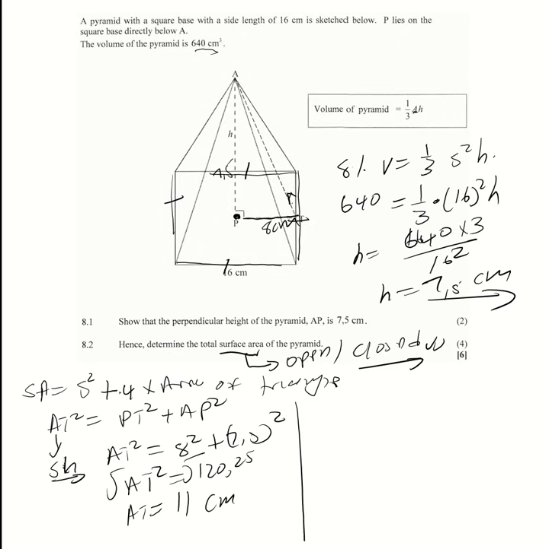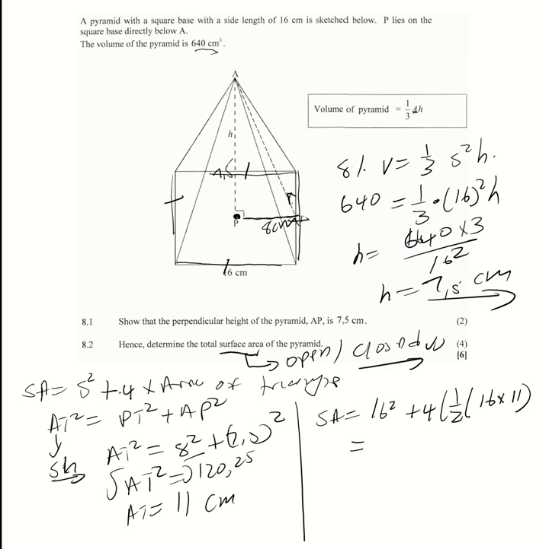So now I need the surface area. Remember, the surface area is the area of the base, which is a square, 16 squared, plus 4 into 1/2 times the base, which here is 16, times the perpendicular height, which I'm going to write as 11.